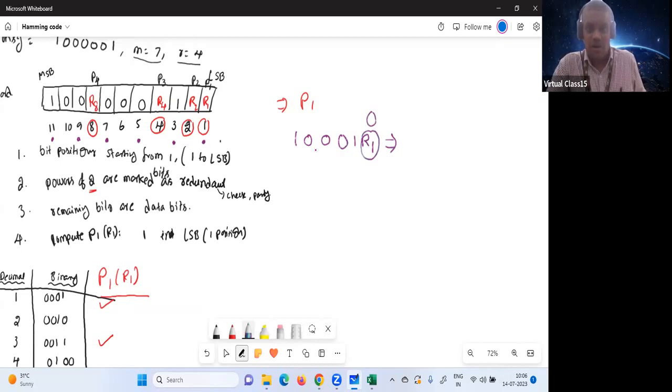So now you have computed P1 or R1, and its value is 0.